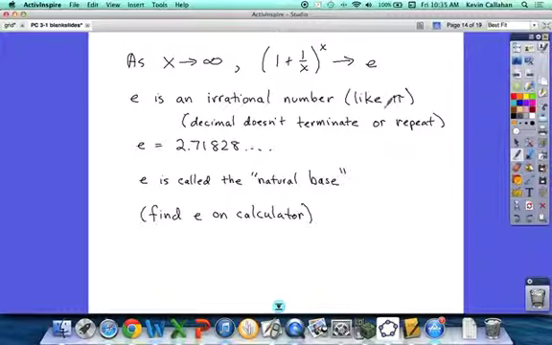As a decimal, it doesn't terminate or repeat because it's irrational. The basic value of it is 2.71828..., and it's going to go on forever. That is called the natural base.